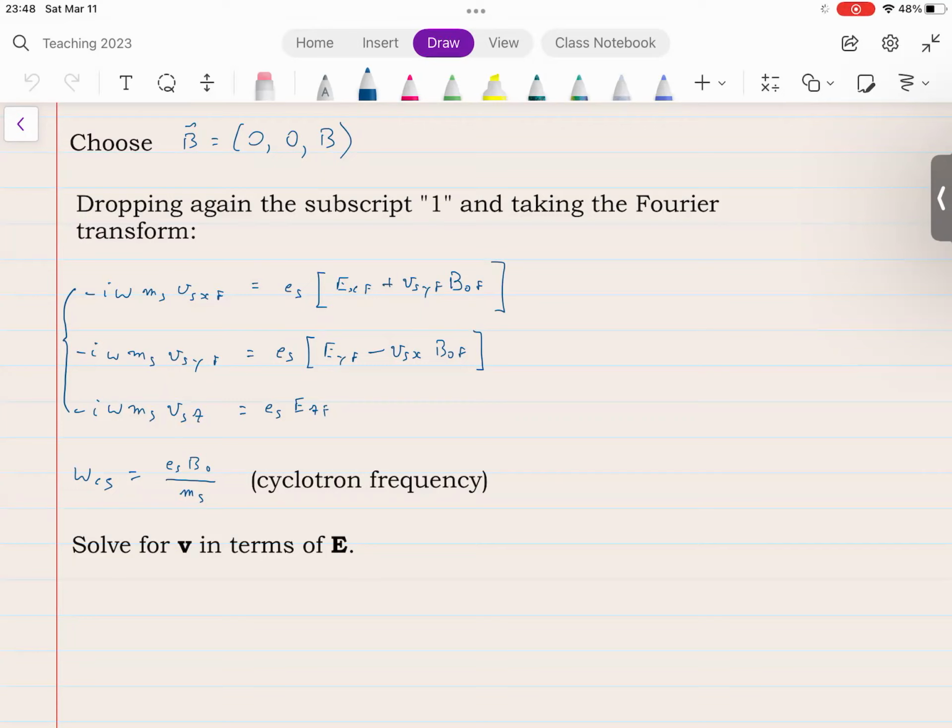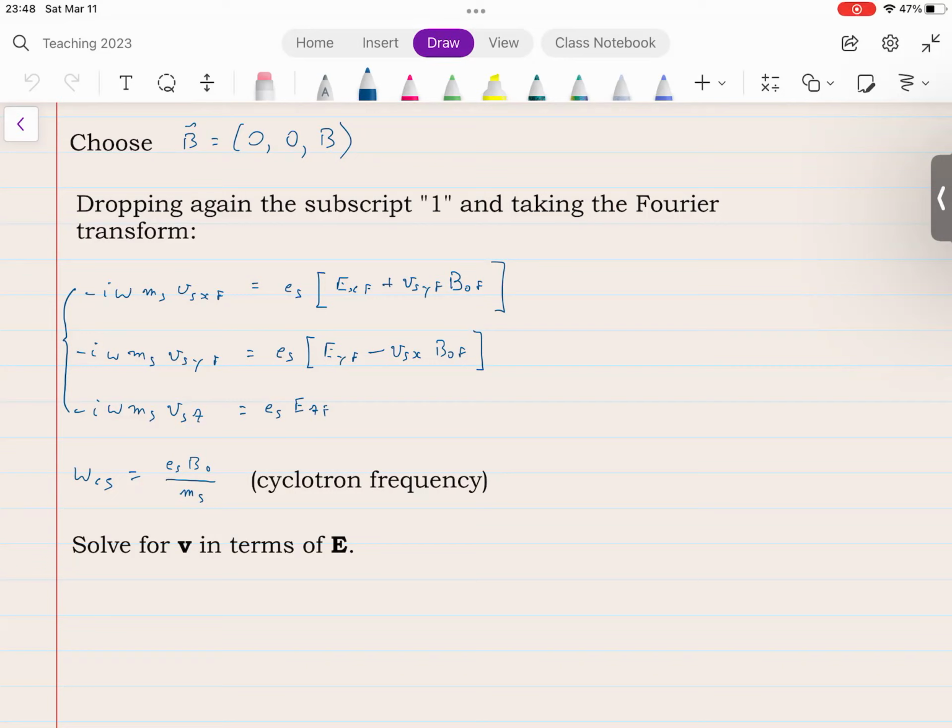What you have to do is eliminate the velocities, and that's pretty simple.